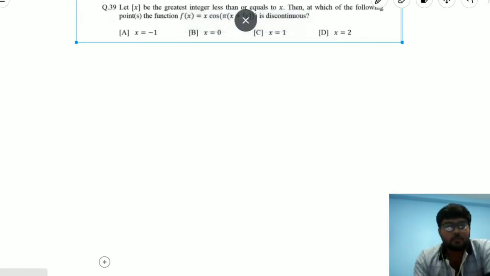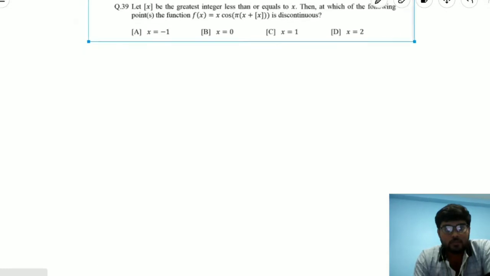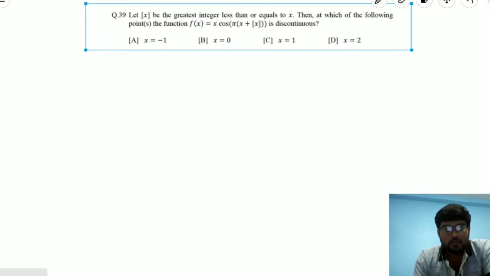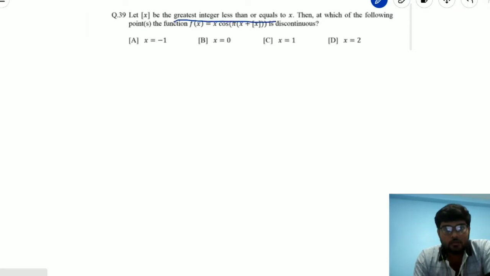Yeah, this is the problem. The problem says that box x is the greatest integer less than or equal to x. We know that this function box x gives the integer value which is less than or equal to x.